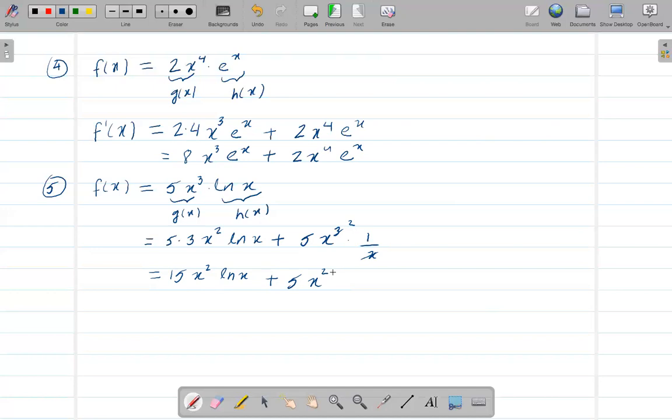All right. And now this is how you're going to use a product rule. All right. Now the second one, quotient rule. So the quotient rule is basically, let's say we have f of x is equal to x squared over 3x minus 1, right?